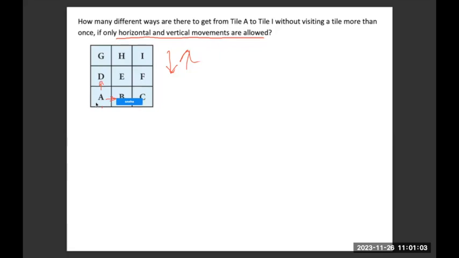Okay, so we'll first trace all the routes which start from A to D, and then we'll start tracing the routes of the A, B sequence. Because diagonal movement is not allowed, I won't go from A to E. And I'm just writing all the sequences here.